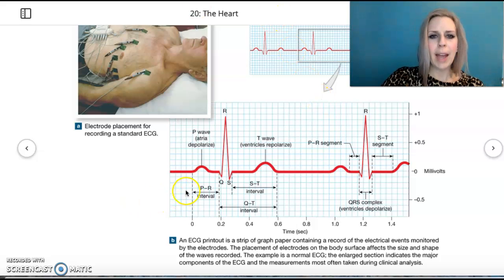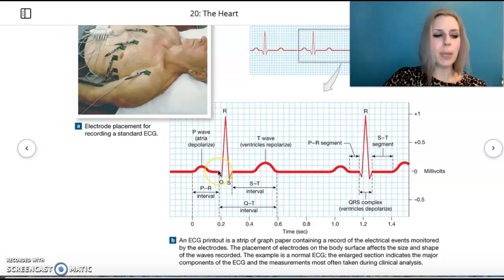Now, when you look at this R wave, if this R wave is abnormal, if it's too high, you might be looking at something like enlarged ventricles. But if you end up with this ST interval being raised up, so too much higher than our P wave area that is raised up here, then we could be looking at something like an MI or myocardial infarction.